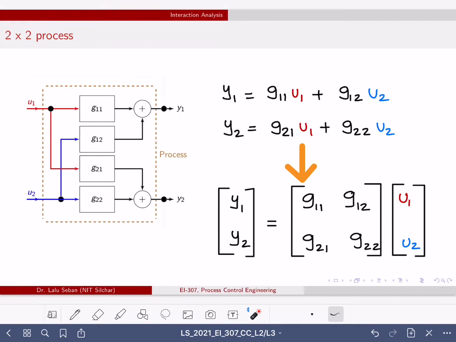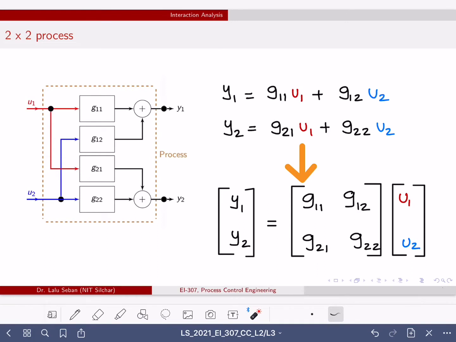Now the mathematical relations, as I have told, are the transfer function relations between the output and input. So we can write y1 is equal to g11 into u1 plus g12 into u2. That is the mathematical relation between u1, u2 and y1.